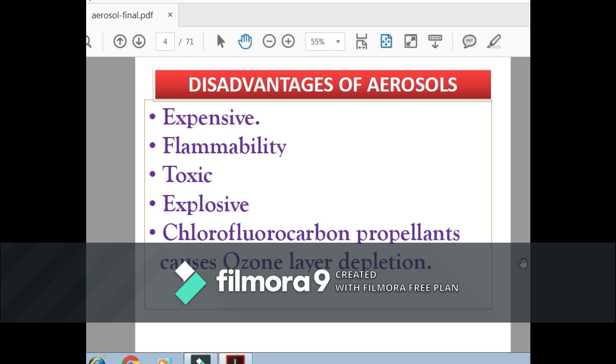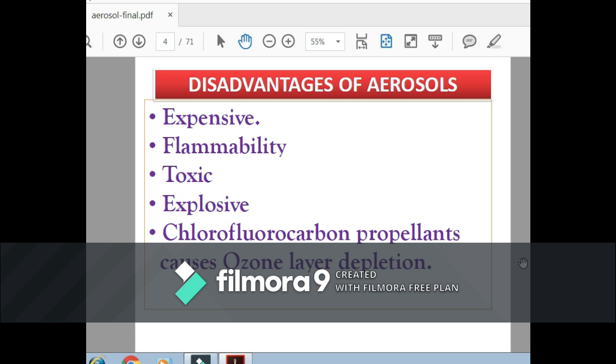But it has versatile advantages. Then another disadvantage of aerosol is flammability. Your aerosol contains a highly volatile solvent, called the propellant. Propellants are highly volatile, so they are also highly flammable. So in the use of aerosol, there might be accidental chances that it may catch flame. While using aerosols, we should avoid flames.